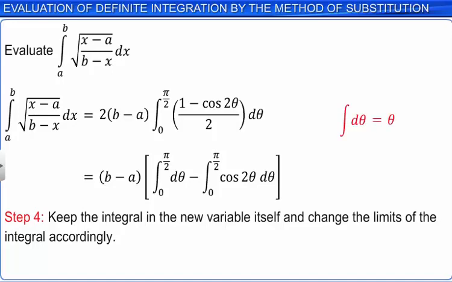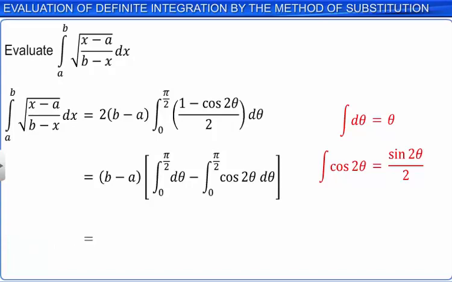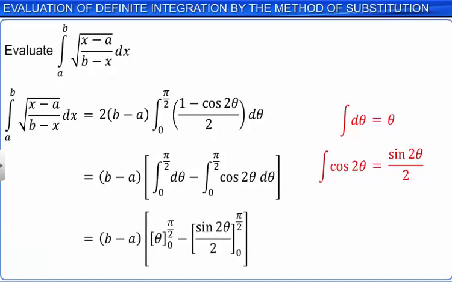So the integral will be equal to (b minus a) times theta between the limits 0 and pi by 2 minus sine 2 theta divided by 2 between the limits 0 and pi by 2.